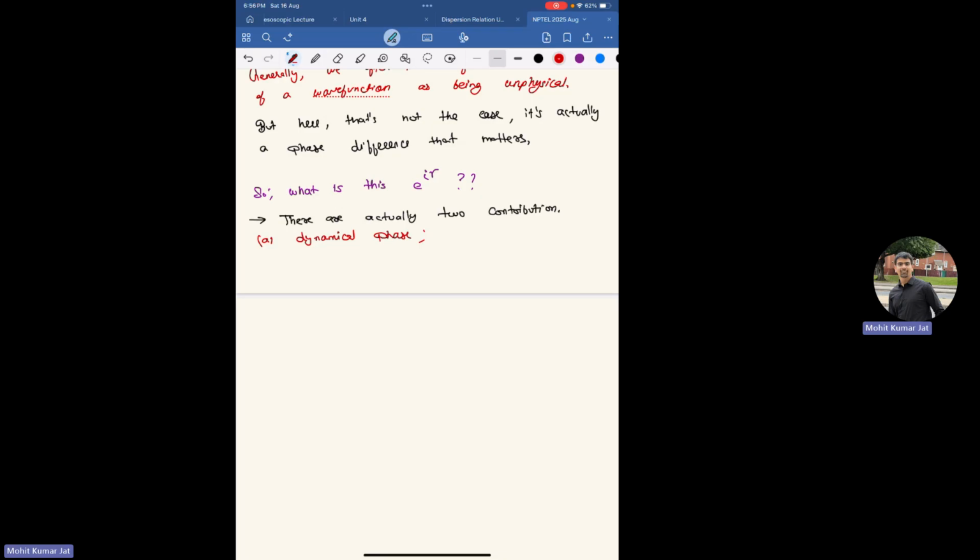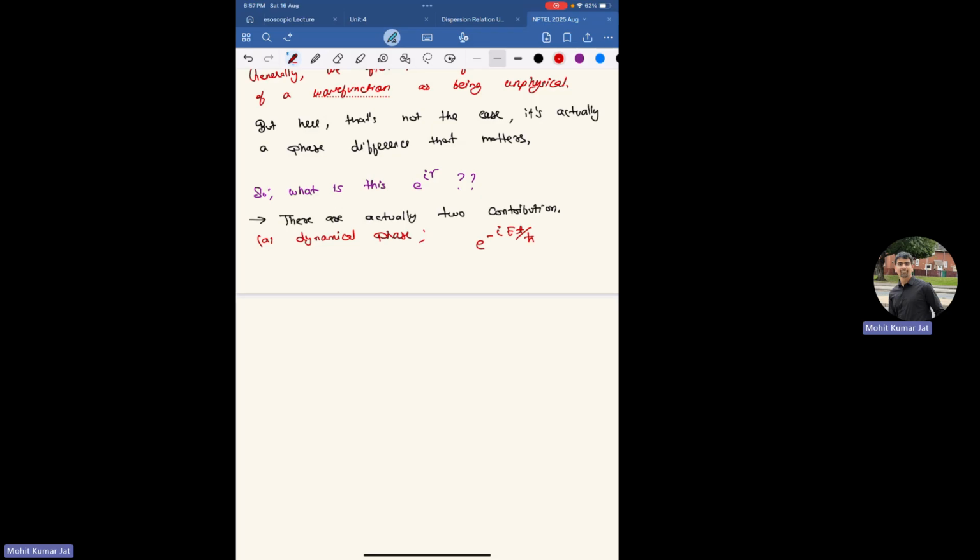It's simply the phase which is acquired by any state when it translates in time. And we know that it is e to the power minus i E t by h bar, where E is the eigenvalue of that state. Even if the parameters are not changing, just with time this phase evolves, right?